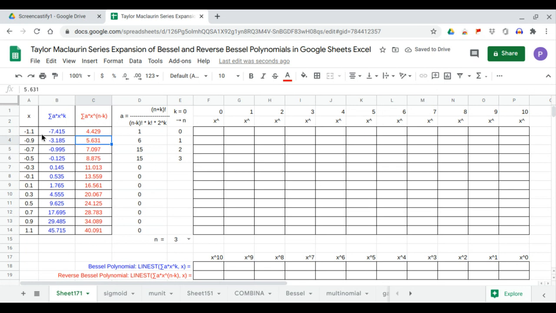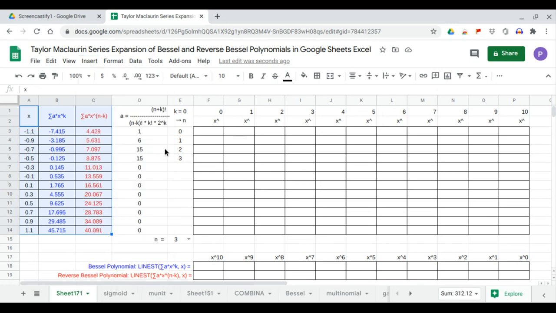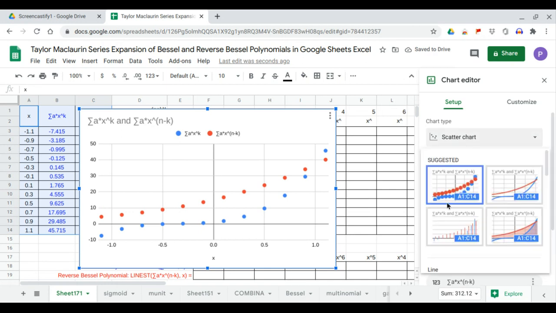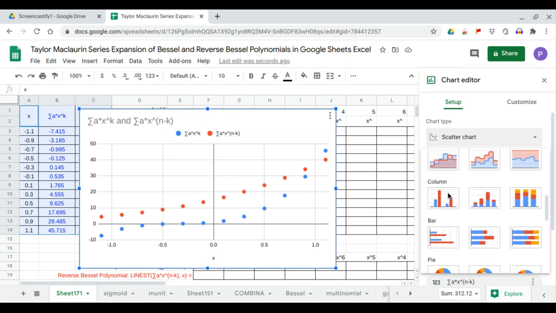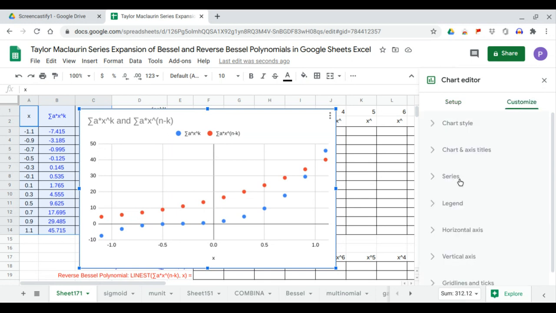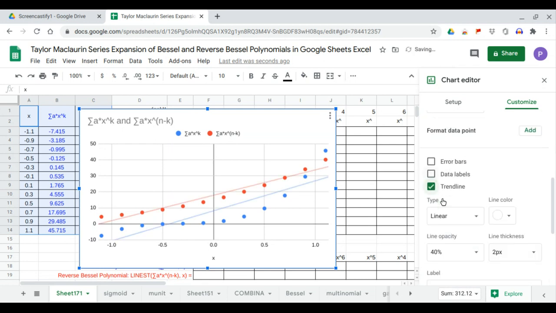Now we'll chart this. Insert chart, and we'll use scatter chart. Now that it's scatter chart, we generate using the series, the trend line.